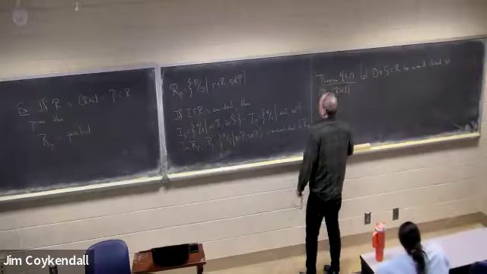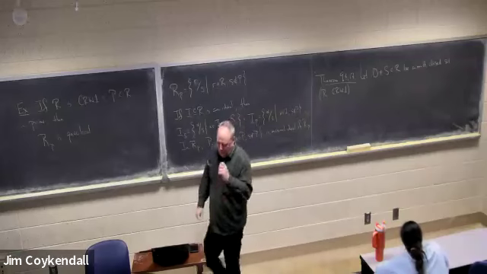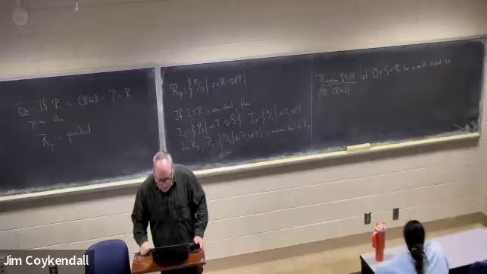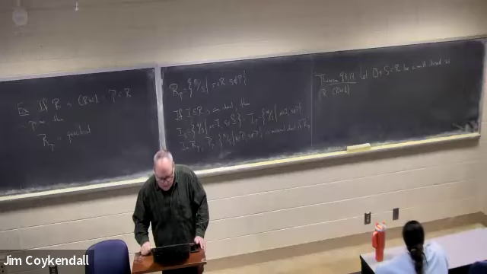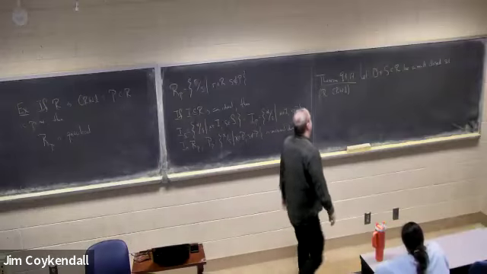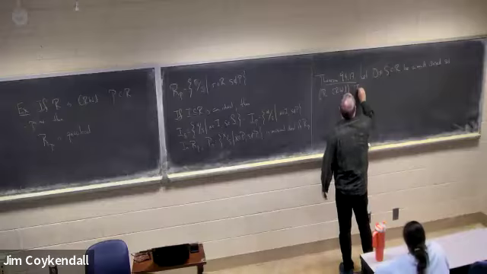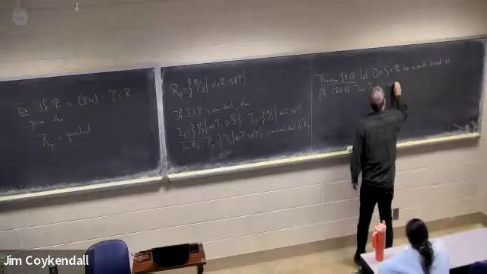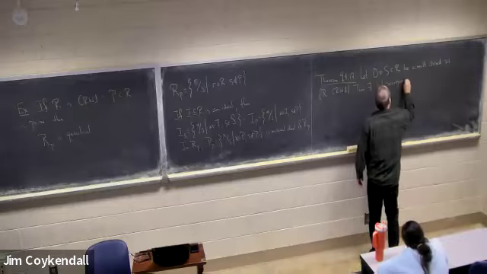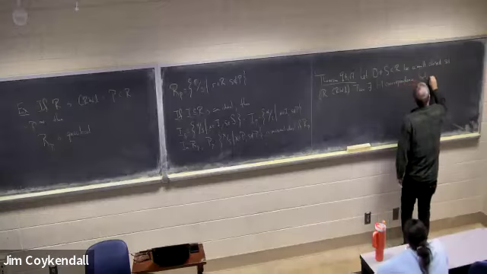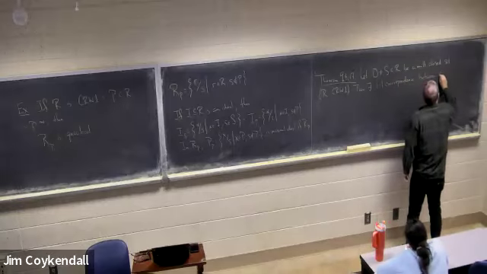You can generalize the statement, but at this point, I don't care. We'll just do it for commutative rings with identity. Then there's a one-to-one correspondence between the prime ideals of R that miss S and the prime ideals of R localized at S.